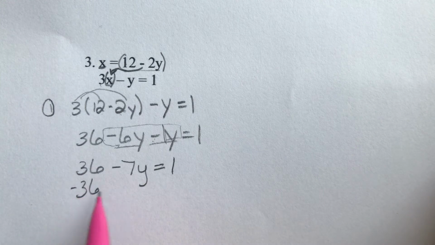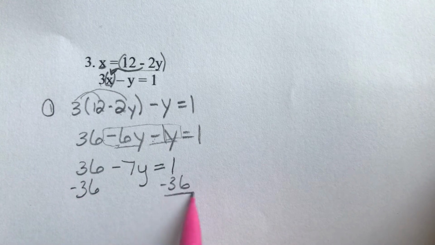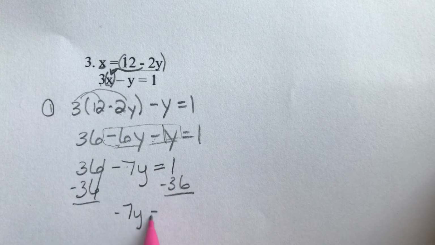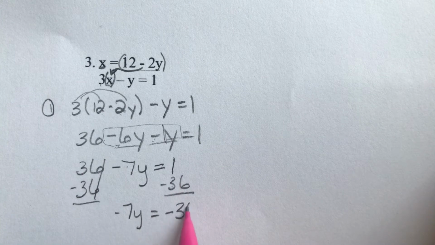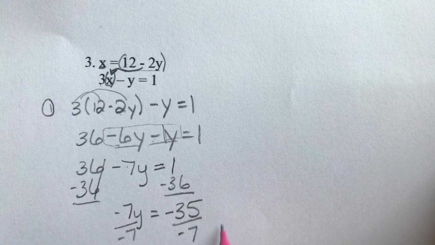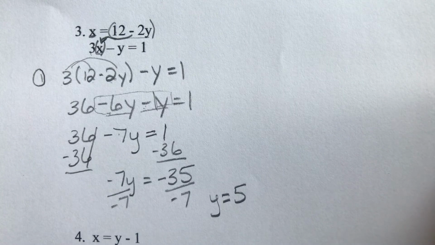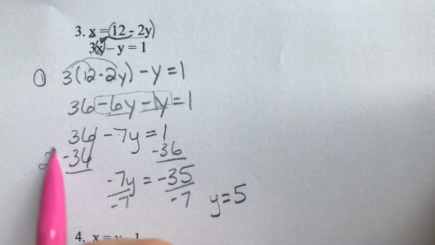Step 2, I need to subtract 36 from both sides. I can't lose my negative on my 7. 1 minus 36 is negative 35. Divide each side. I've got y equals 5. So that was step 2, I just solved.